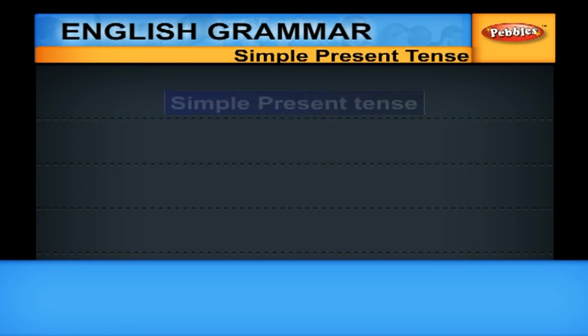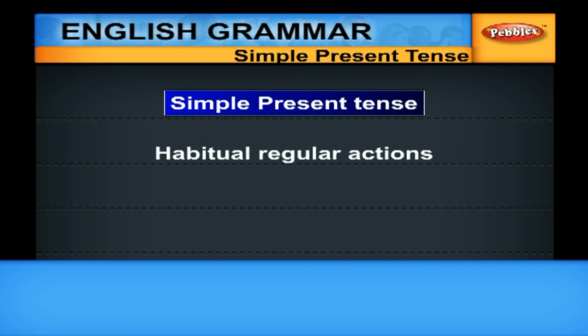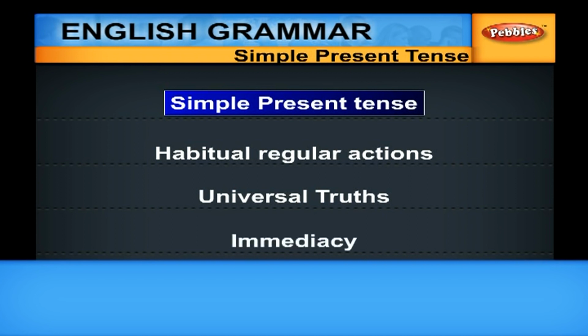Where do we use simple present? When we refer to habitual regular actions. When we refer to universal truths. When we talk about event happening now, but to give it an immediacy, we can use a simple present. You can also use it to refer to future action, which we will discuss later.